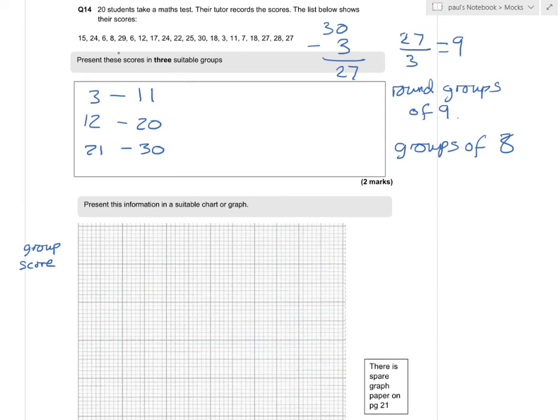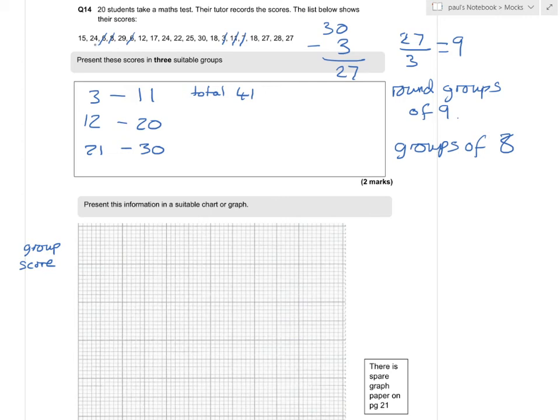So I've got in the first group 3 to 11, I've got 6, 14, 20, 23, 34, 41. So that totals 41.